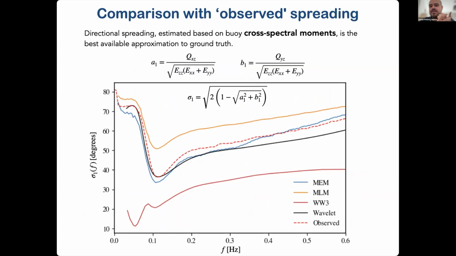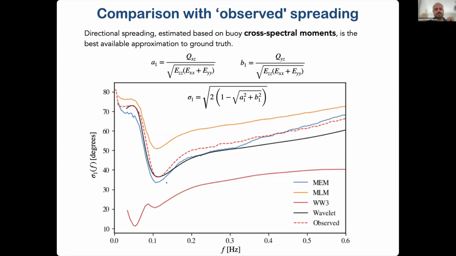So the closest we have to a ground truth is the circular moments, or the directional spreading, which is computed from the buoy observations using the cross-spectral moments. So with a1 and b1, we can compute the directional spreading sigma 1. And from the distribution obtained by each method, we can also estimate sigma 1.